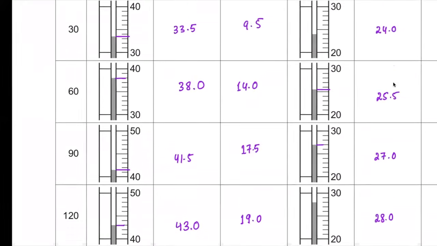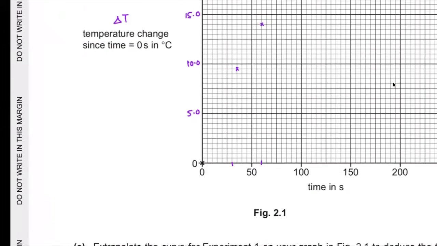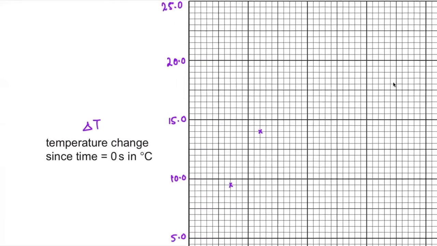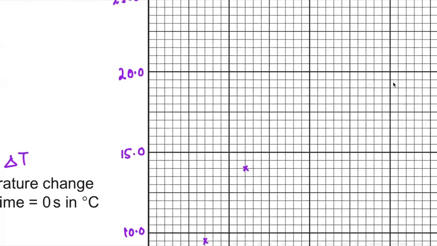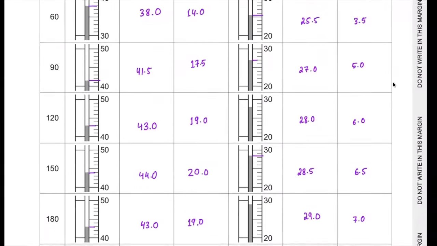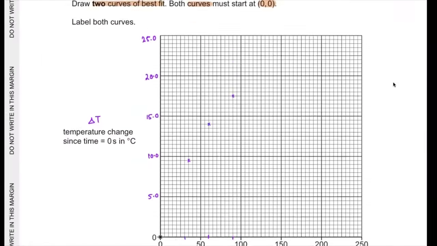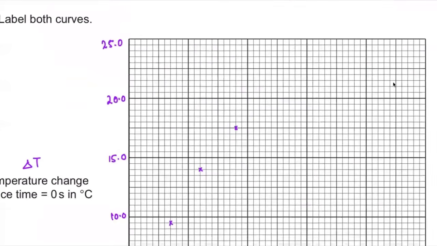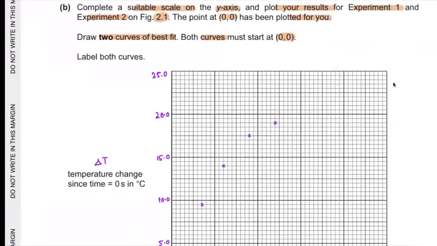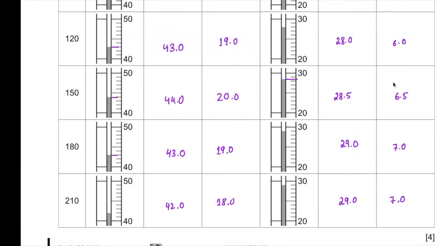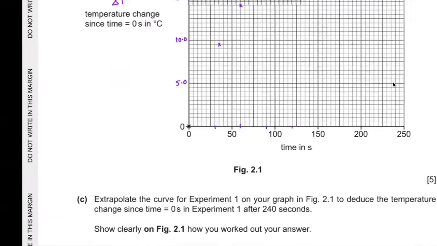Okay. Then at 90, it's 17.5. So 17.5 is going to be over here, right? Then at 120, it's 19. So 120 is over here, and 19 is going to be over here. Then at 150, it's 20.